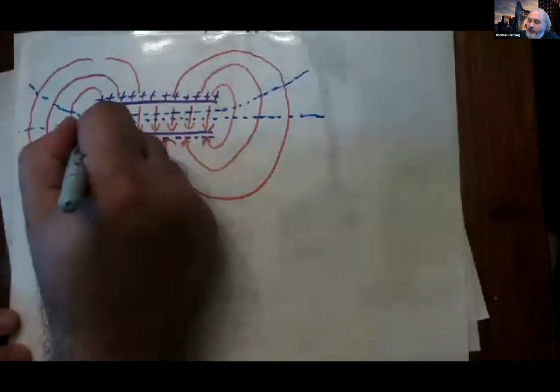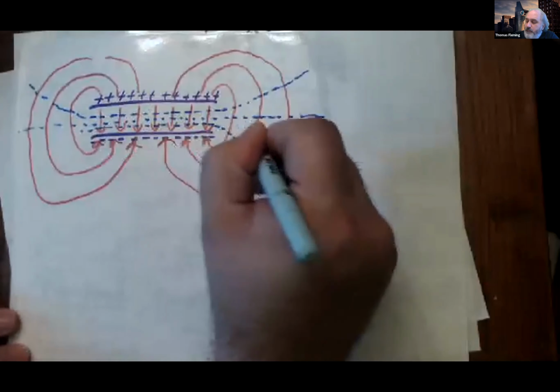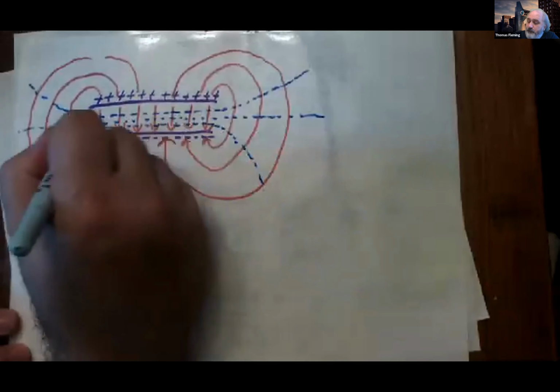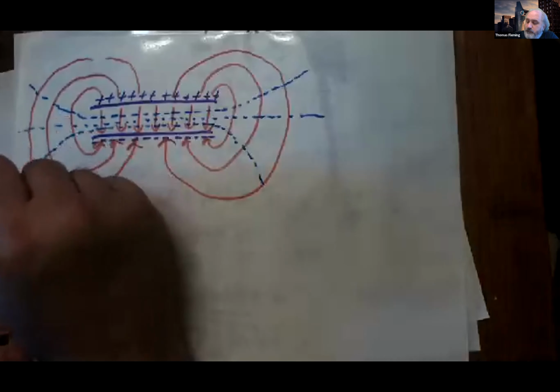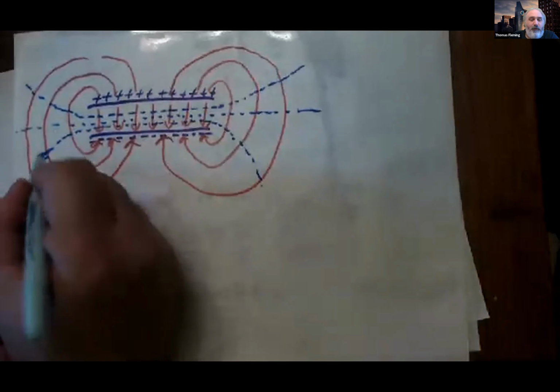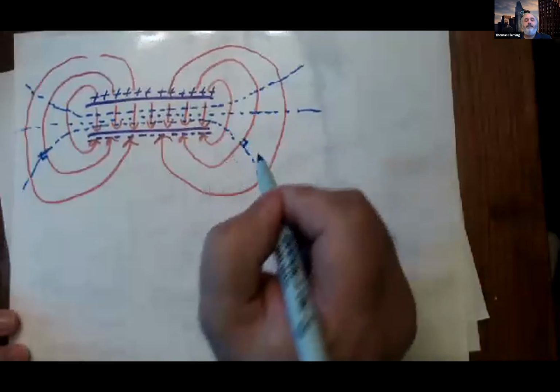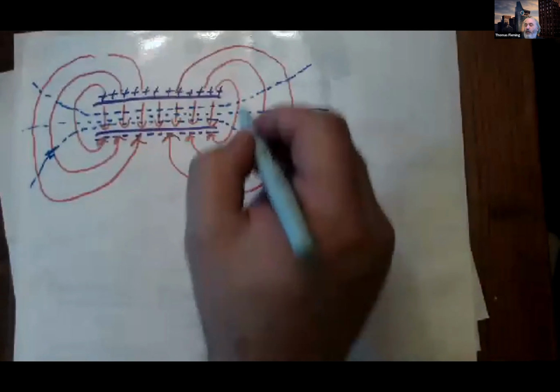But as I get closer to the bottom, they'd have to bend outward so that at this point, they make a right angle. At this point, they make a right angle. And that's going to cause it to bend one way or the other.